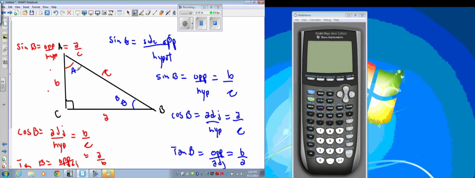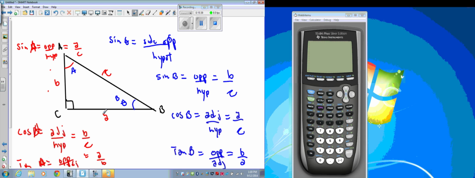If I do the sine, it's got to be opposite over hypotenuse, right? Oh, I was supposed to be doing A. Thanks. See, I'm doing this angle up here, right?